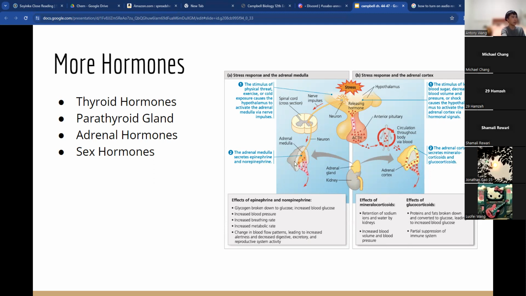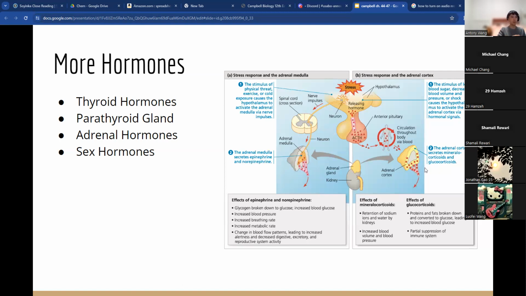Cortex is the outside, right? The cortex produces hormones like mineralocorticoids and glucocorticoids. Mineralocorticoids are like aldosterone. They act on the kidneys to affect how much salt and water are excreted through your urine.